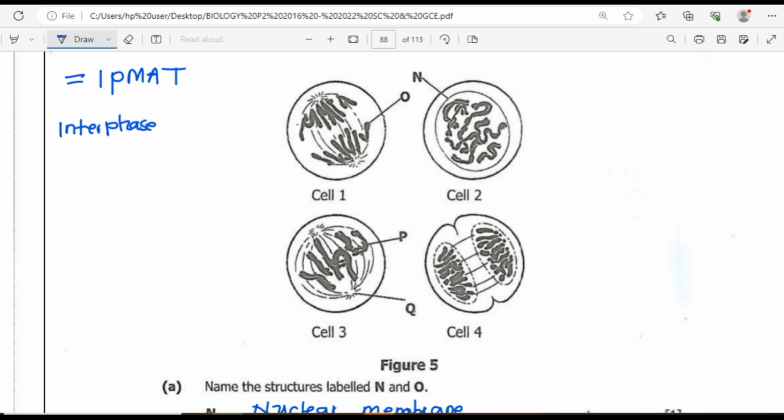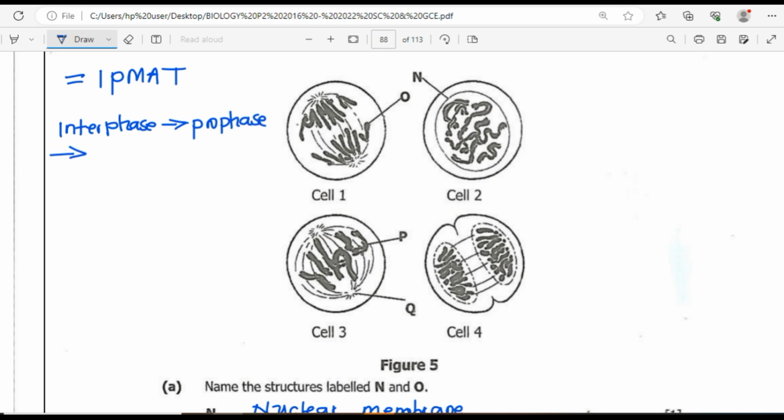Interphase is where the cell starts to prepare for the journey of cell division. Then after this comes prophase, where the cell gets instructions from the nucleus that it is time to undergo cell division.